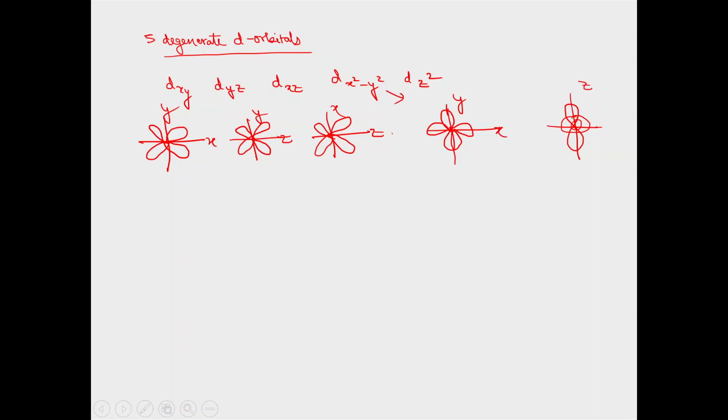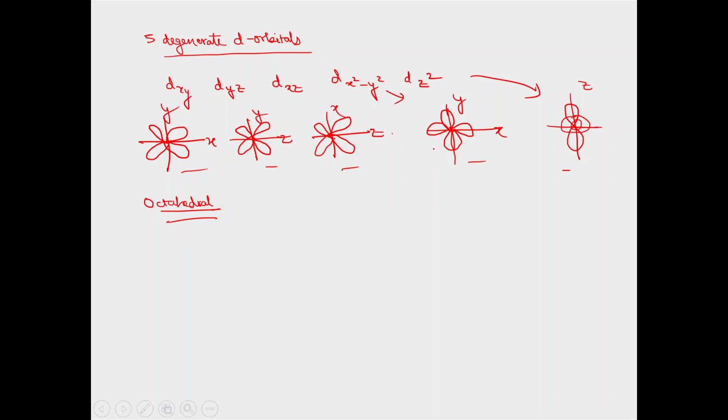Okay. So here they are asking about an octahedral ligand field. In an octahedral ligand field, the ligands approach along the axes. If we see these 5 orbitals, only for dx square minus y square and dz square are the metal ion's d orbital lobes lying along the axis.